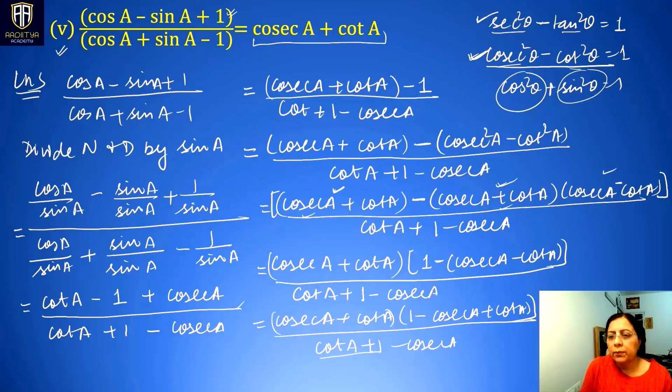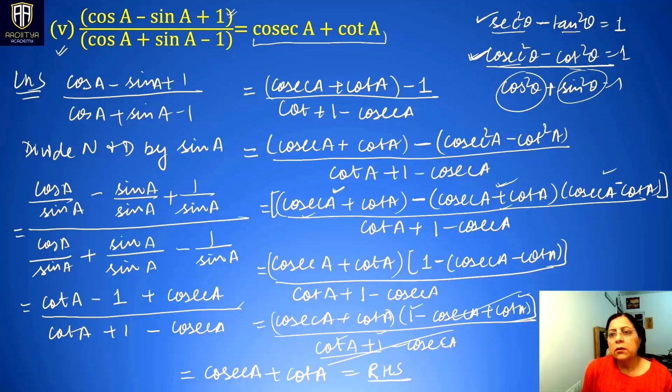This is cot A plus 1. These two terms are positive, cosec A is negative. 1 plus cot A is positive, cosec A is negative. So these two brackets get reduced. Finally we have cosec A plus cot A, which is nothing but RHS.